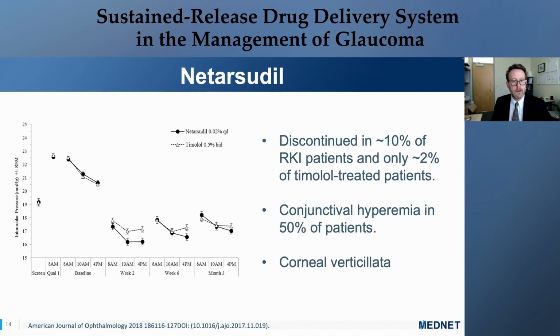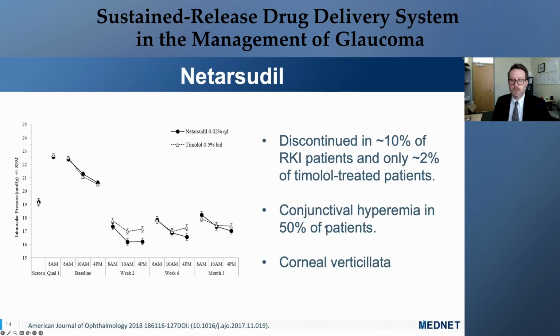So it met its benchmark of being non-inferior to timolol. Unfortunately, Netarsudil was discontinued in about 10% of our Rho kinase inhibitor taking patients and only 2% of timolol treated patients. And the main reason for discontinuation was conjunctival hyperemia and sometimes very dramatic subconjunctival hemorrhages in about 50% of patients.